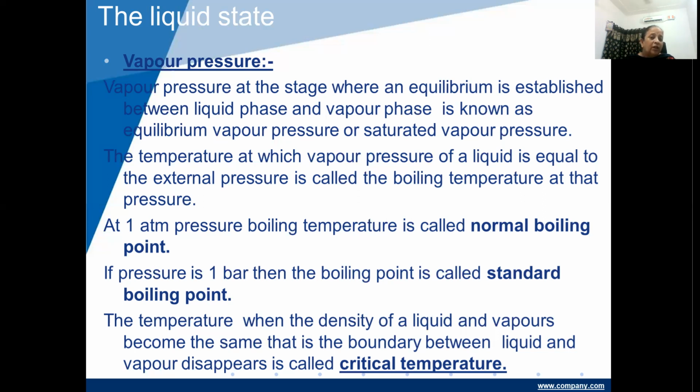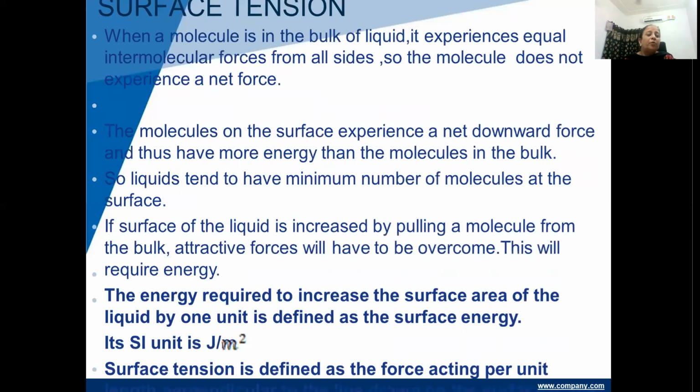That's why we need a pressure cooker in hilly areas to cook vegetables. Similarly, in hospitals, surgical instruments are sterilized in autoclaves by increasing the boiling point of water by increasing pressure with the help of a weight.